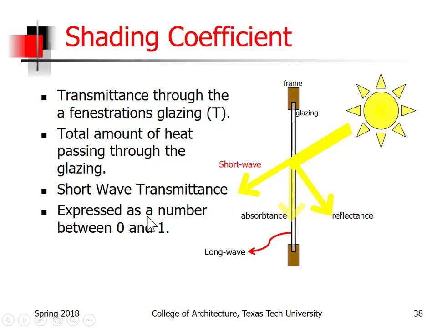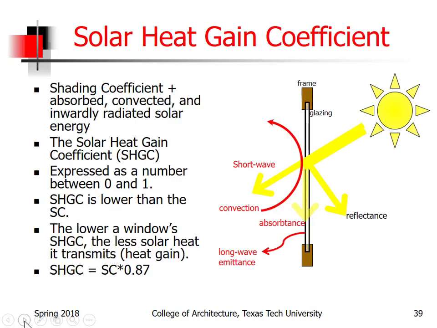But that's not adequate. What we really need to understand is all the ways in which energy is passed through the glass, and that's not only how much is transmitted through the glass itself, but also how much energy is taken off from convection from the glass, as well as emitted from the glass back into the space itself.